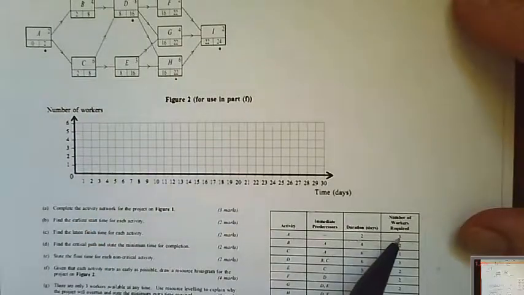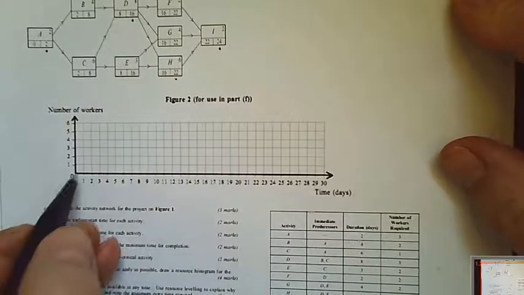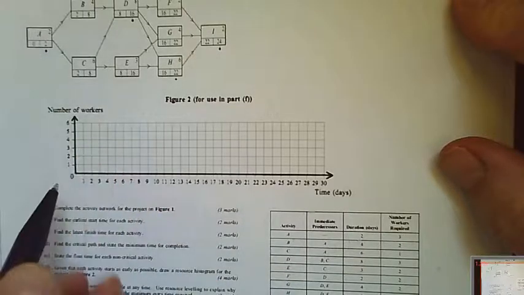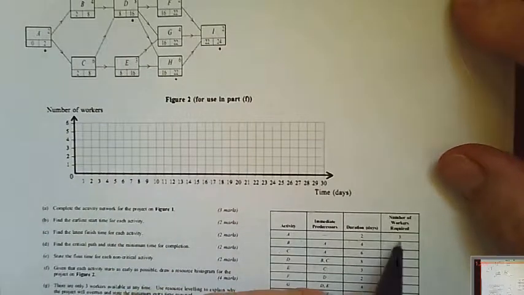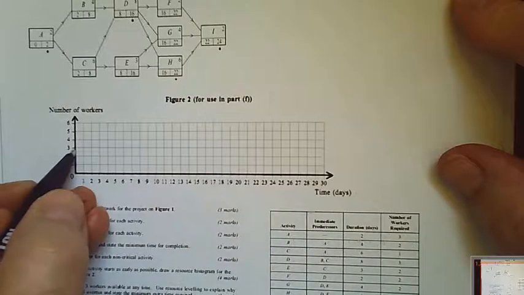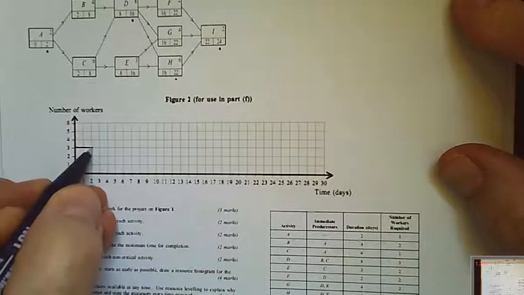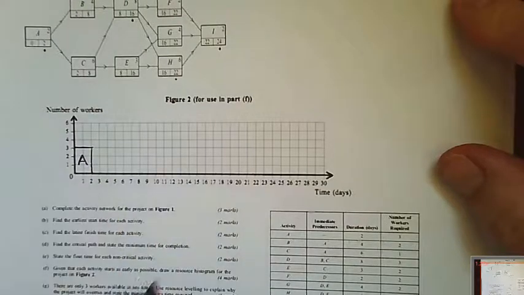The number of workers is given in the table, the workers required here for each activity. So time 0 to time 2, so the first 2 days, the only activity taking place is activity A, which requires 3 workers. So we can put 3 workers in there, and that's activity A.